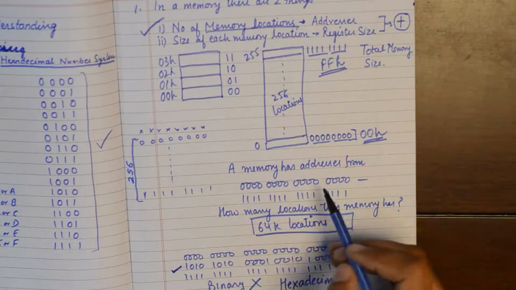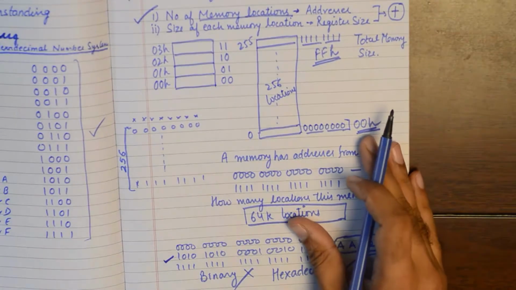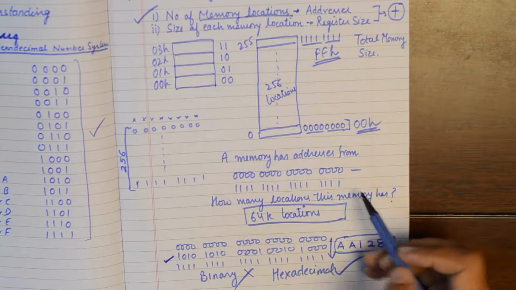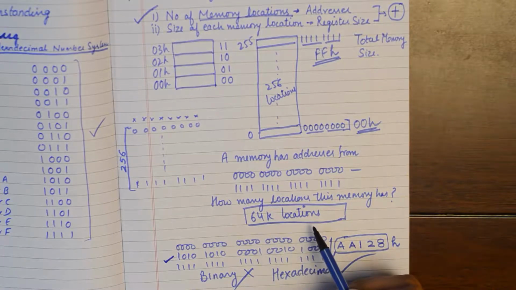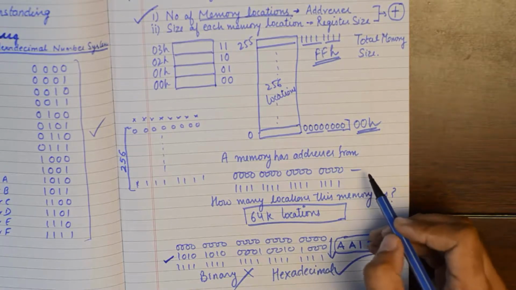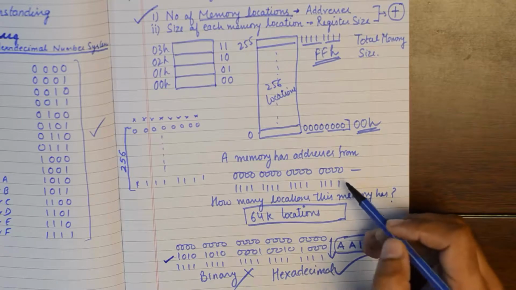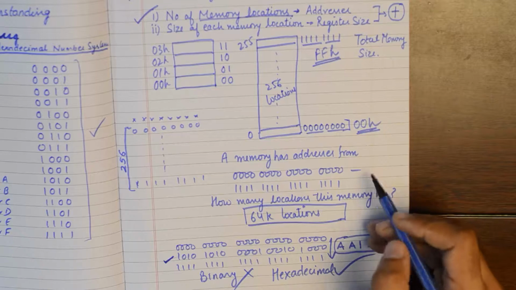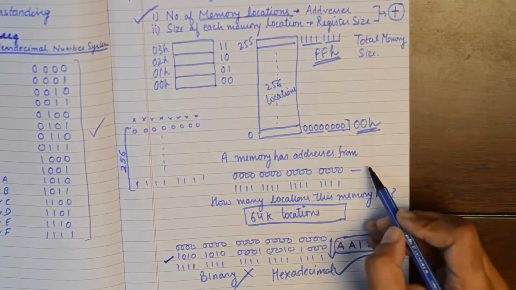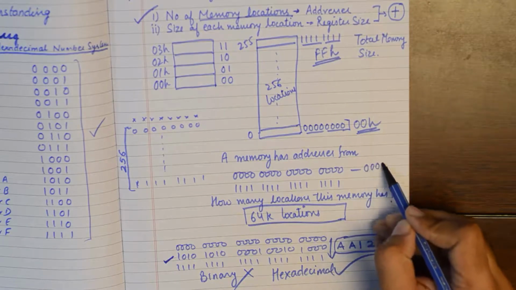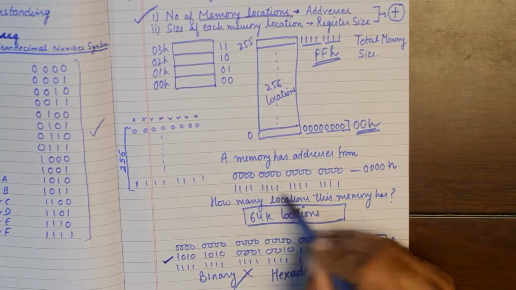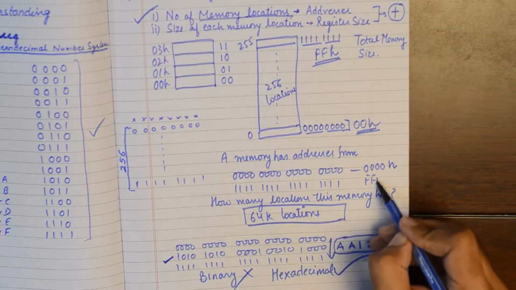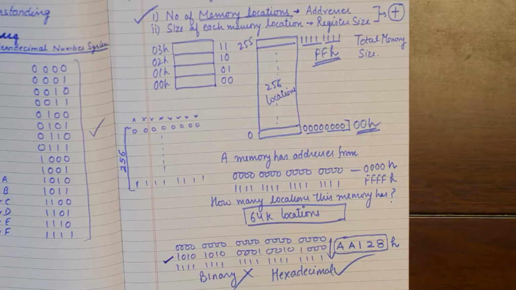And similarly, in our third example, where we had 64K locations, each memory had an address which was 16 bits long, but it will be trimmed down to 0000H to FFFFH.